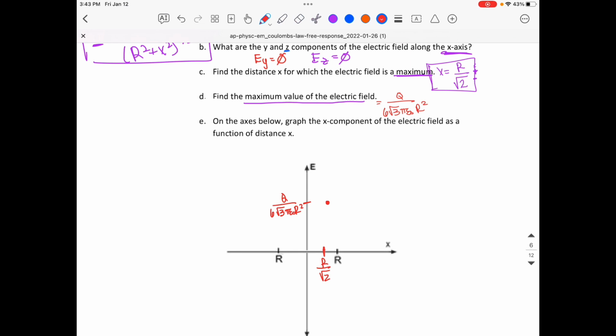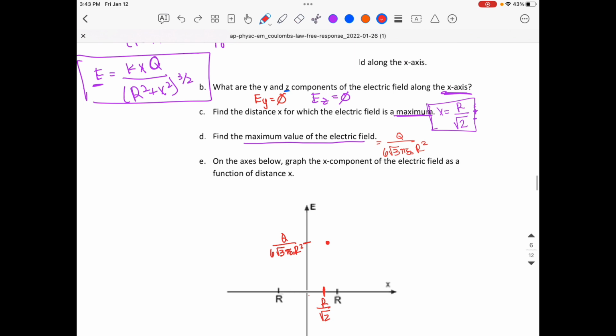Let's think about the position here at x equals 0. If I look at my electric field equation, if x is equal to 0, everything ends up canceling out. E is equal to 0. So that would be this position here.